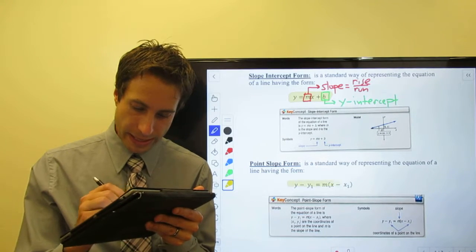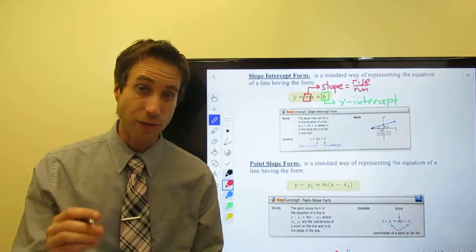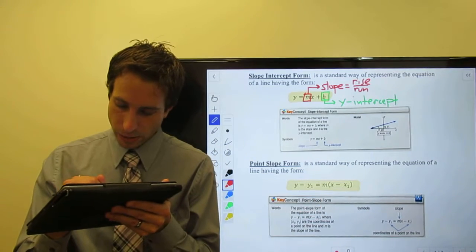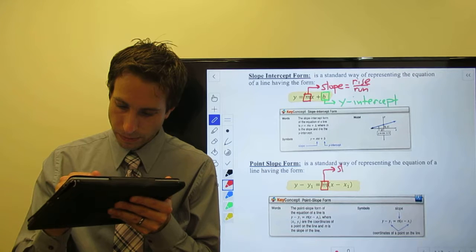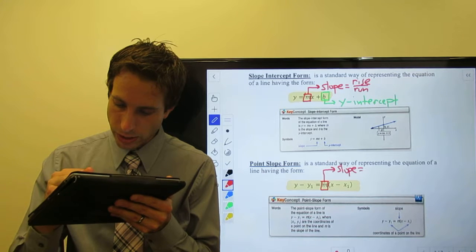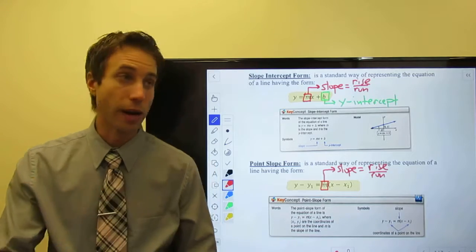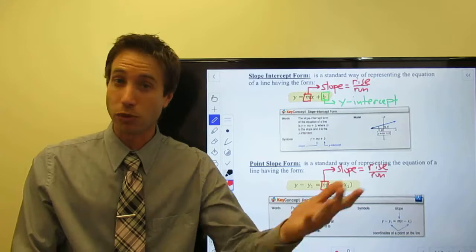Here's the way this formula works. Just like above, m is still going to be your slope, which is the rise over the run. Just like in slope-intercept form, m is the rise over the run, the slope.